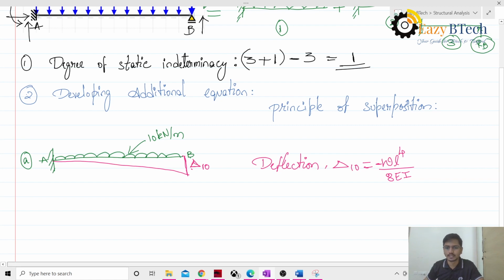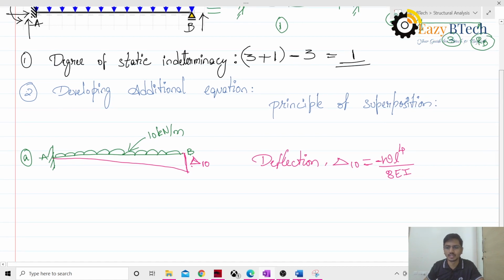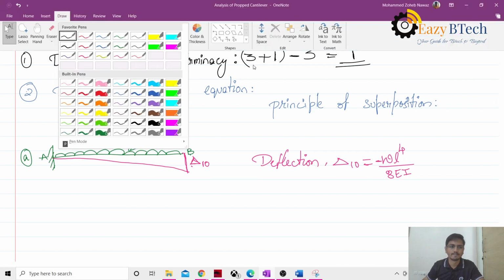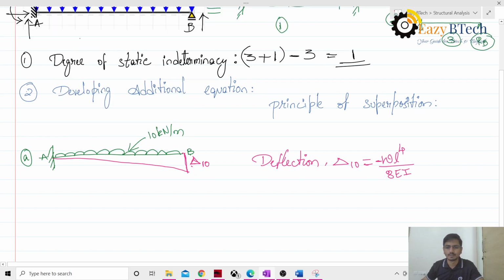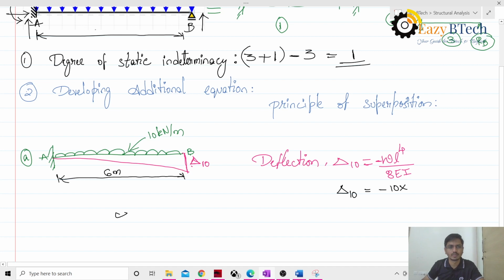Okay. Next, we'll first solve this, we'll get the deflection, then we'll go to the second structure. So now delta 10 equals, substituting the values, minus 10 into 6 meters, the length is 6 meters, so 10 into 6 to the power 4 by 8 EI.